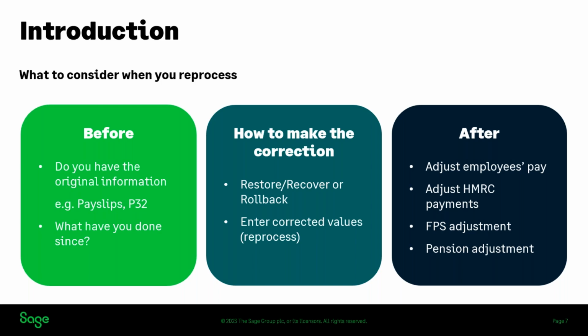And then once you've done all of that, you need to make adjustments to your employees' pay, make sure they've received what they should have received. You may need to make adjustments to HMRC payments. You should submit an FPS adjustment and also think about any pension submissions you may have made. And you would need to go about correcting the pension records with your provider. So quite a lot to keep in mind there, but we'll try and touch on most of this as we go through the demos today.